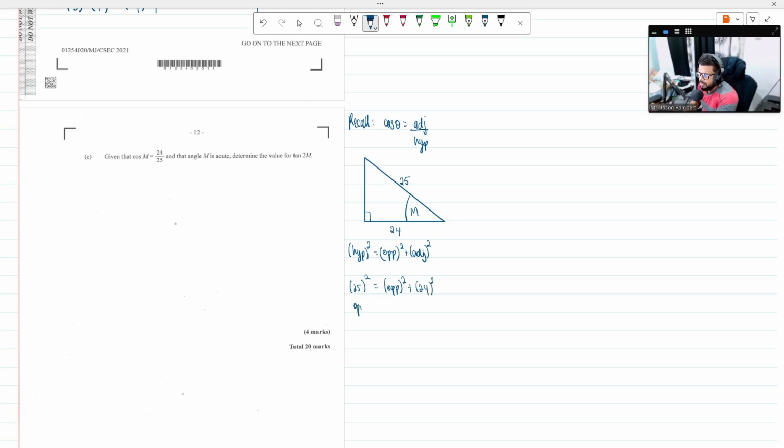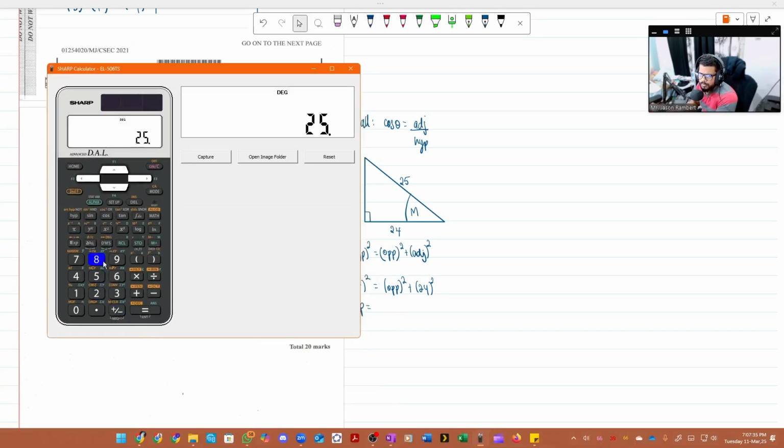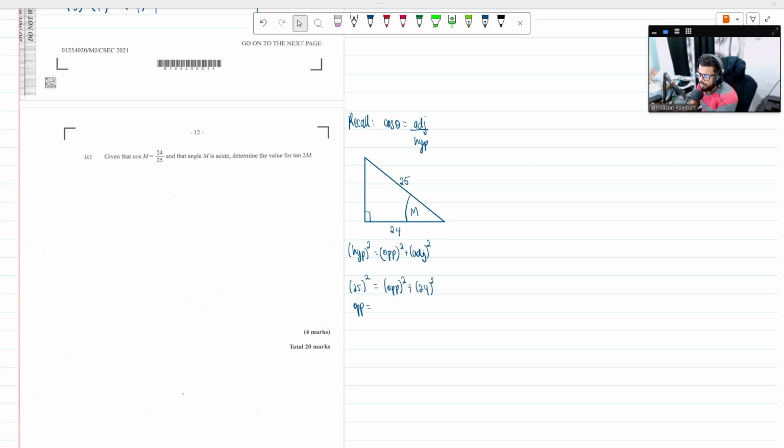So the opposite is going to be equal to, we add math students, 25 squared take away 24 squared, which is 49. So the opposite is going to be 7. If you want to overdo it, you could say plus or minus 7, and it's going to be plus 7 because we're dealing with length, and length is always greater than 0, but you don't have to. If you want to, no problem. So the opposite is 7.